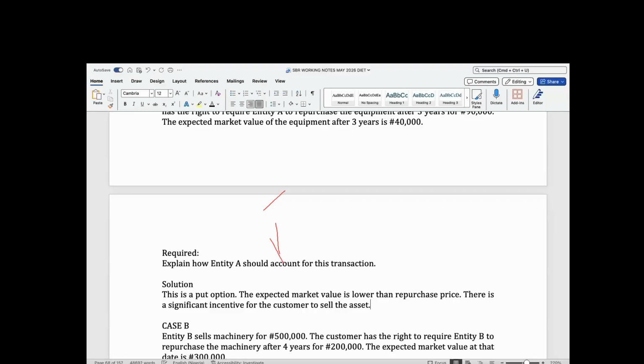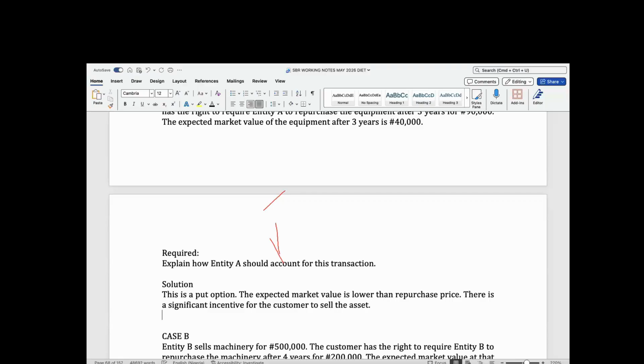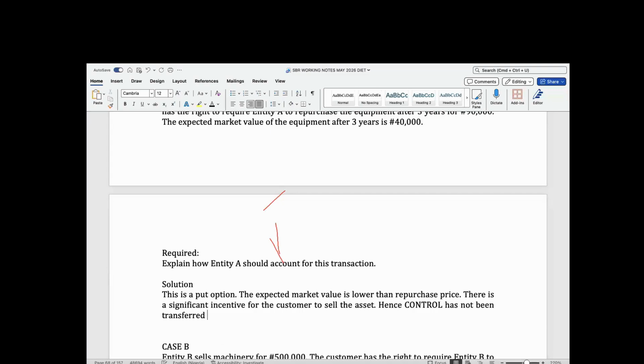So now we have identified that, hence, control has not been transferred by the seller. He hasn't transferred control and cannot recognize revenue.